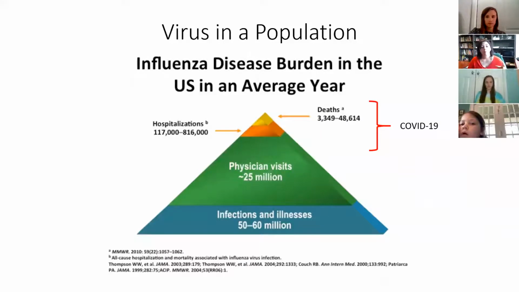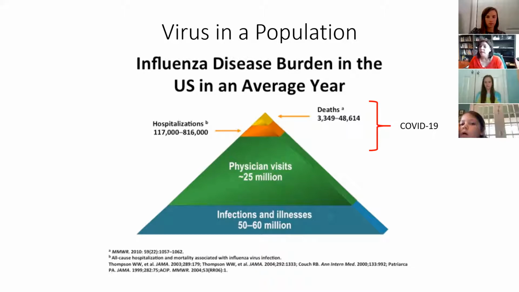So after that, the doctor examines you. There's an even smaller portion of those individuals who the doctor feels that they should go to the hospital. And of those people that are hospitalized, there's an even smaller portion of those who die. And these proportions differ for every virus, but for flu, this is what it's like.